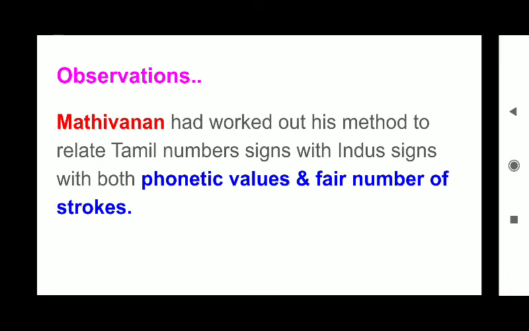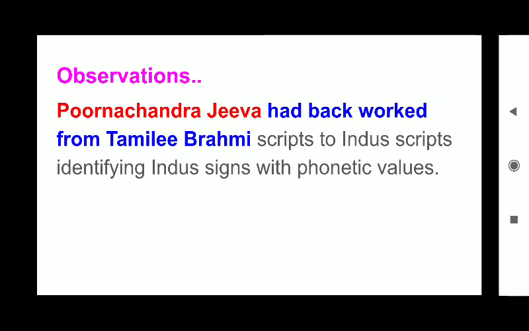So Professor Madhivanan had used phonetic values and a fair number of strokes and found out the signs and the numbers. Because Purnachandra Jiva had backworked from Tamil Brahmi scripts to Indus scripts, he also identifies the signs with phonetic values.